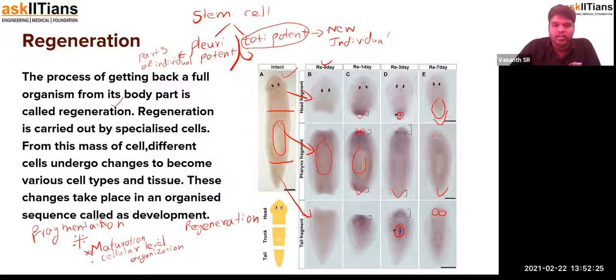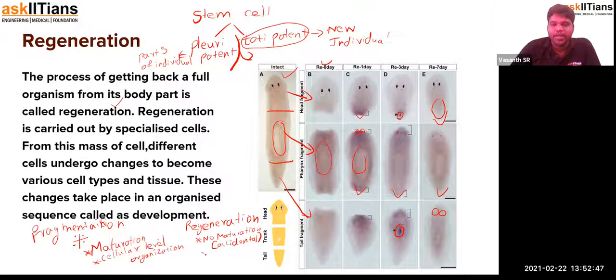This is point number 1 and this is point number 2. But in the case of regeneration, no maturation. It is accidental, or you can say it is not programmed, and this is a programmed process.